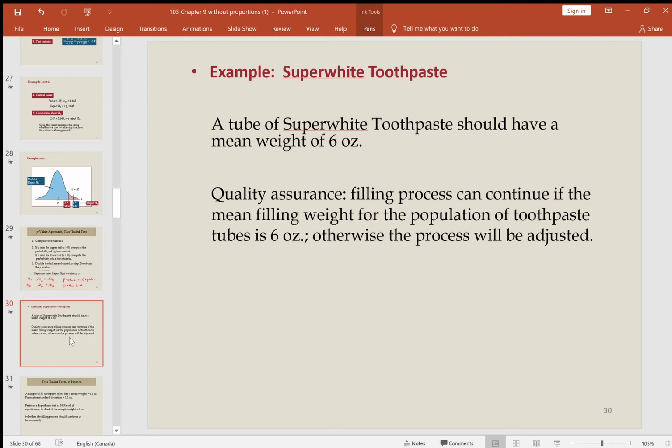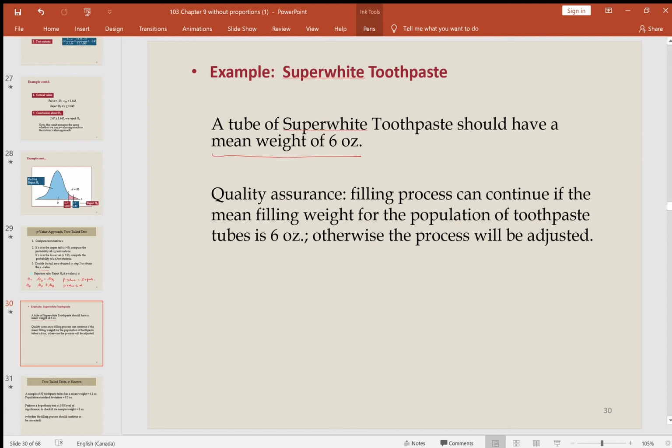A tube of Superwhite toothpaste should have a mean weight of 6 ounces. See, it says the toothpaste should have a mean weight of 6 ounces. So it's not giving us the direction. It's just telling us it should have a mean weight of 6 ounces.